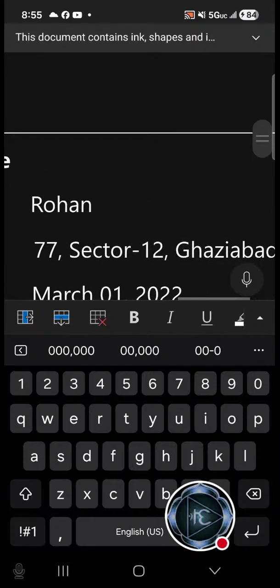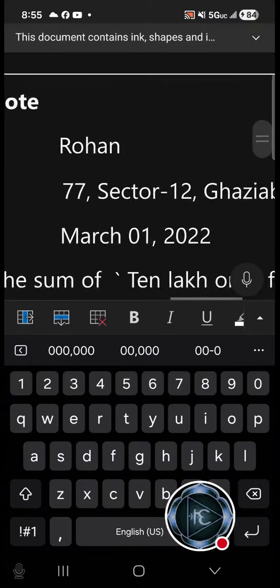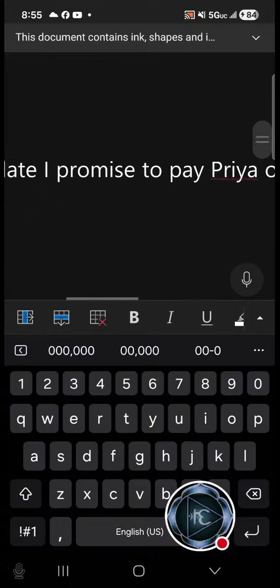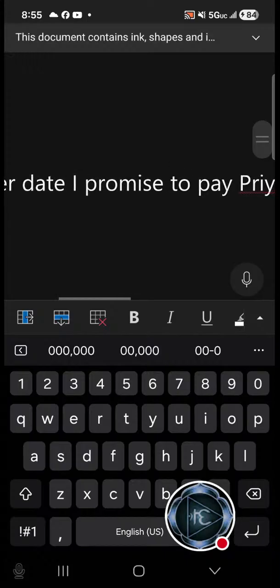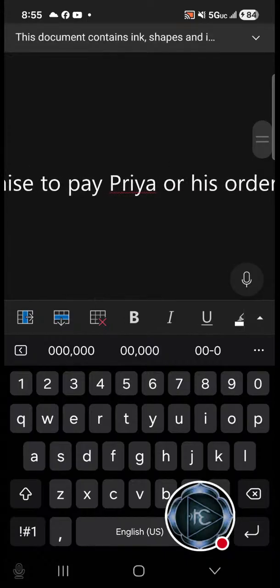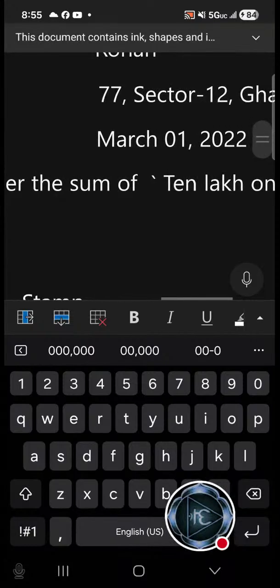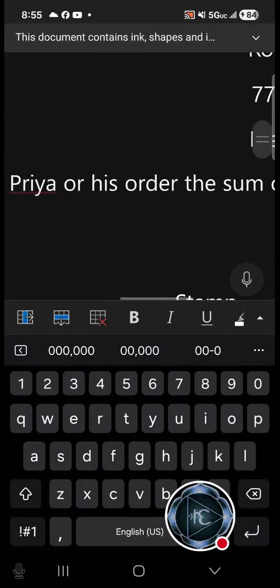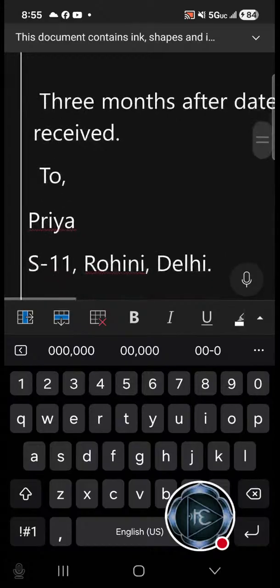Okay, Rohan 77, Sector 12. It's March. Okay, it has a date on it. All right. Three months after date, I promise to pay Prior or his order the sum of 10 lakh only for value received.